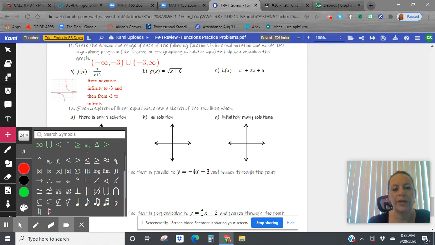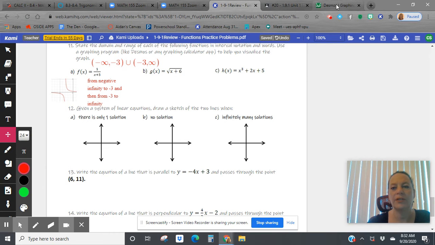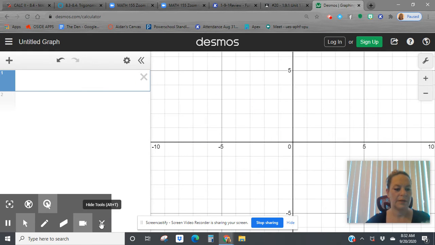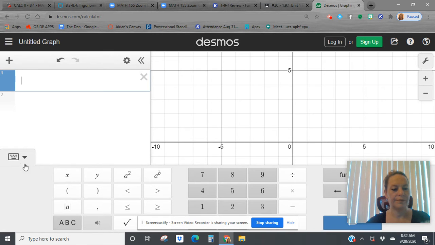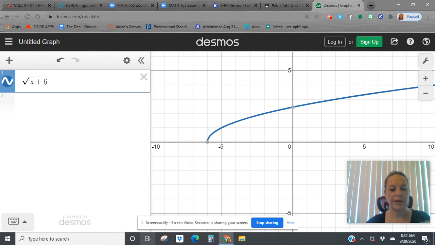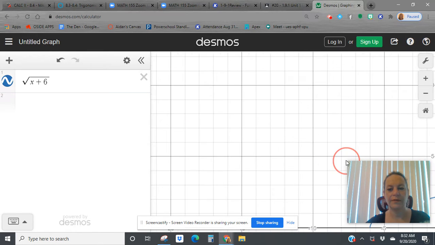All right, second one is the graph of g of x is equal to square root of x plus 6. So let's go into Desmos and graph it. Square root of x plus 6. Here's my square root function. Let's go ahead and take a little image of it.